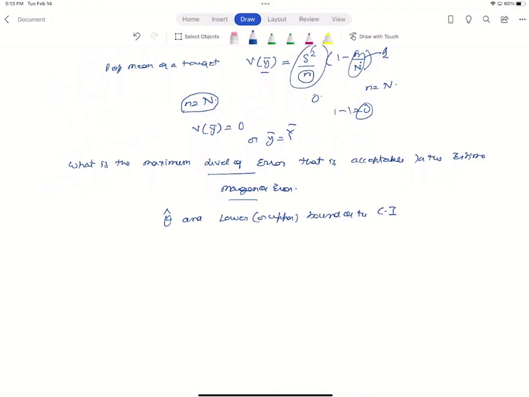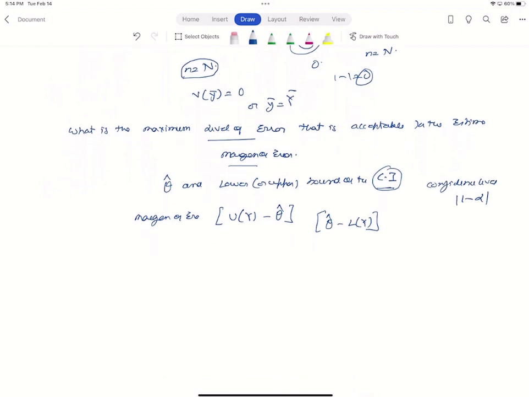The confidence interval will obviously be based on the confidence level that we want it to have, which is basically 1 minus alpha. So what is the margin of error? The margin of error is going to be the upper limit minus theta hat. It can also be theta hat minus the lower limit, but that is really the margin of error.